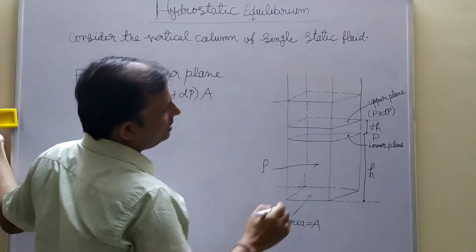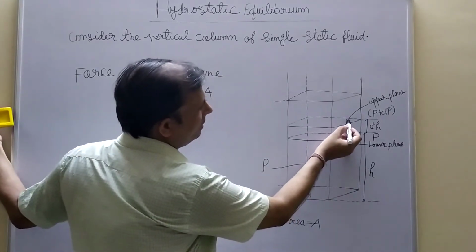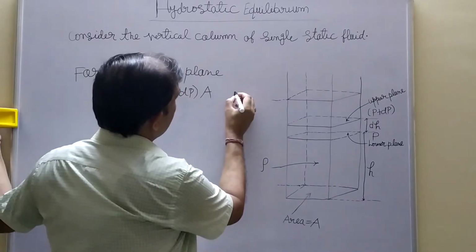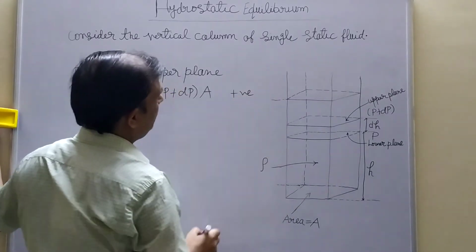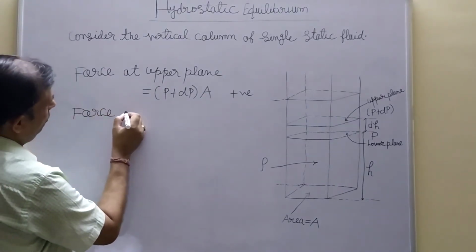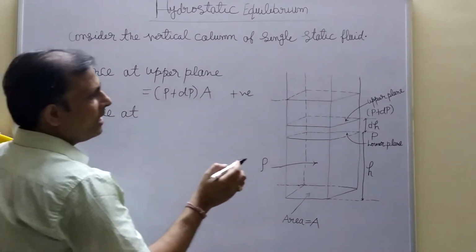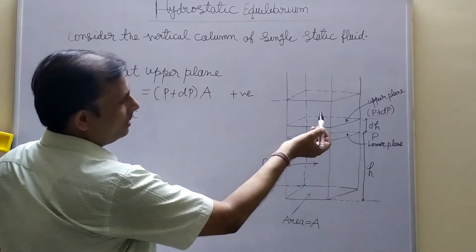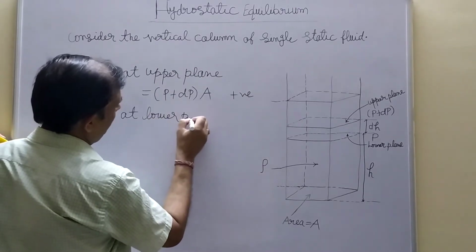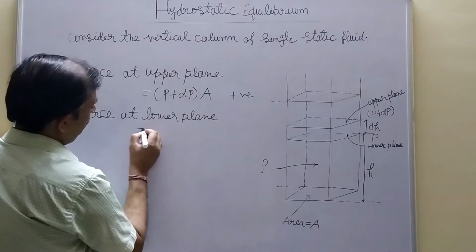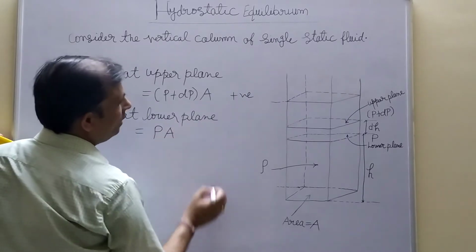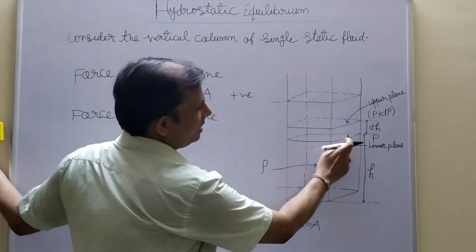The force acting on the upper plane we consider in the positive direction, acting downward. The second force, acting at the lower plane, equals P into A, the cross-sectional area, and this force acts in the opposite direction of the upper force.